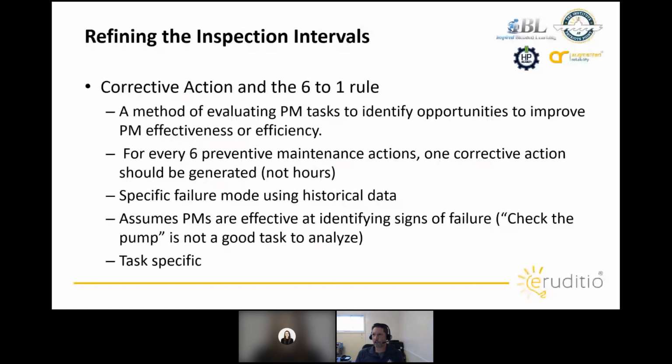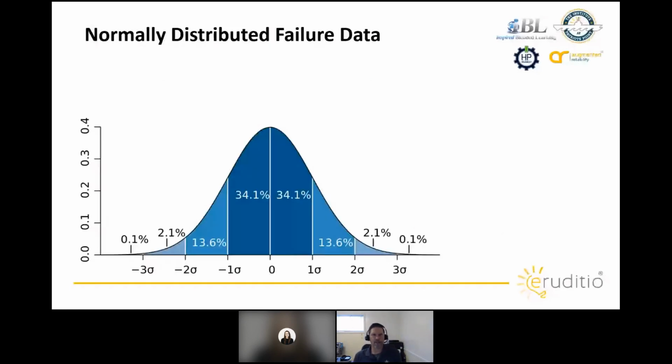So why do we have a 6-to-1 rule? Well, I'm sure many of you have seen this before, nice even distribution. What we're trying to do is capture at least 1 out of 6 of all the failures, we have 6 opportunities to catch it. Right? So if we only inspect once, on average, we have the life of our asset or component where it fails here at 0. We inspect once before that, we're not going to catch it all, and we may catch it too late or too early.